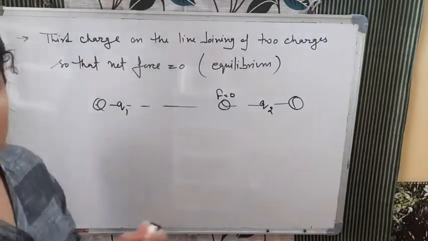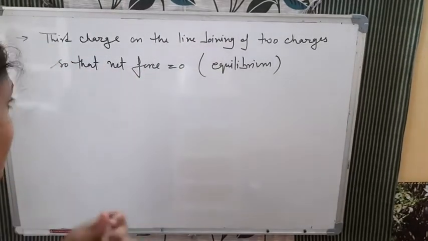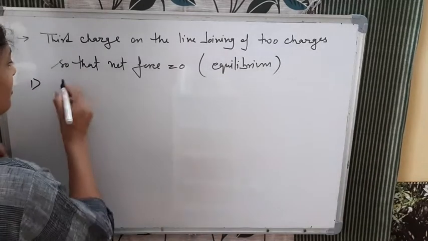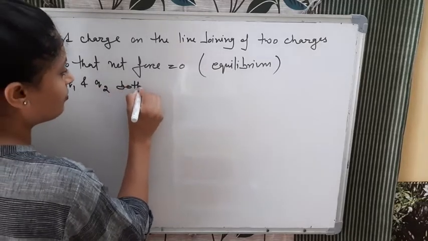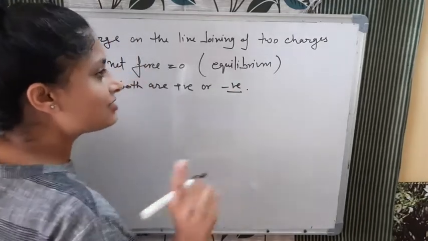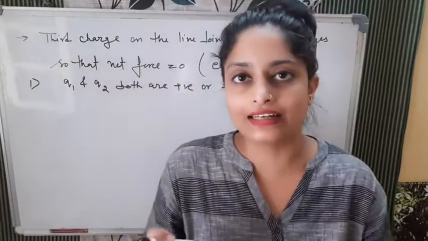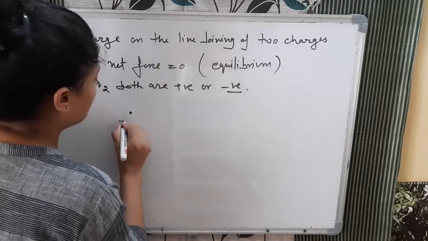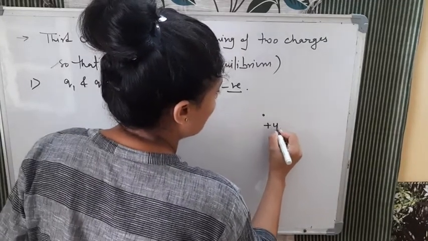So in these kinds of questions, the first type is what? See, if both the charges are of the same sign, the same kind. If q1 and q2 both are positive or both are negative, in that case always remember what we will do when we take the third charge. We will put it somewhere in between q1 and q2. See, for example, this is plus q, and here I am saying this is plus 4q.